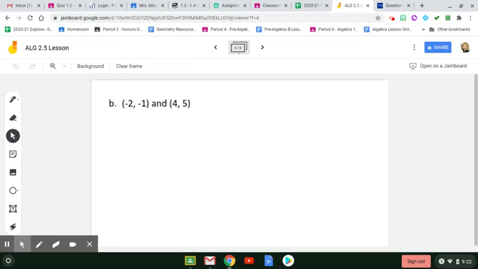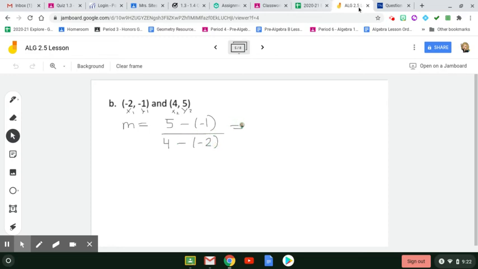All right, so first thing though, let's get our slope. So remember, y sub 2 minus y sub 1 over x sub 2 minus x sub 1. All right, so here I go. So y sub 2, y sub 1, x sub 2, x sub 1. So I have 5 minus -1, and then I have 4 minus -2.